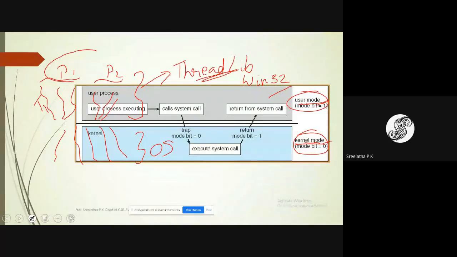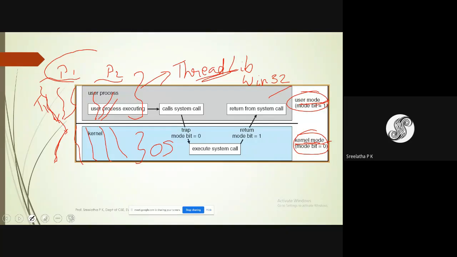Any program is a thread. So when this program is executing, it should get connected with the kernel thread, which is also a thread in the operating system mode. Whether it is an operating system or a user level program, it is threads that are executing in the system.